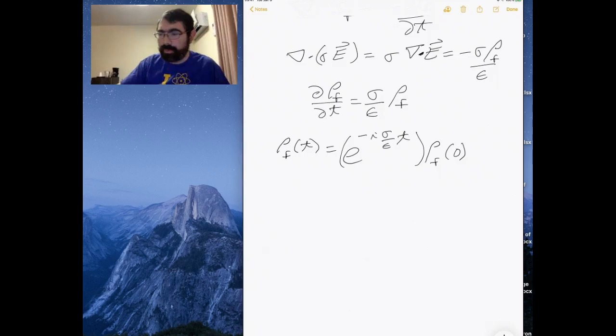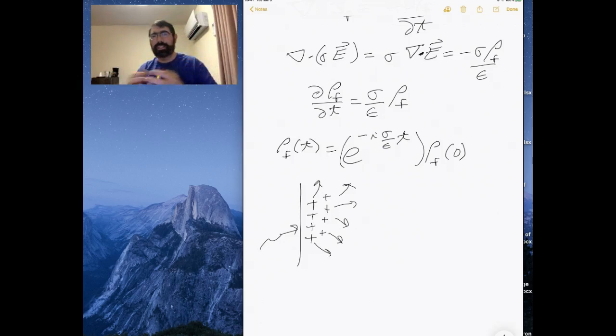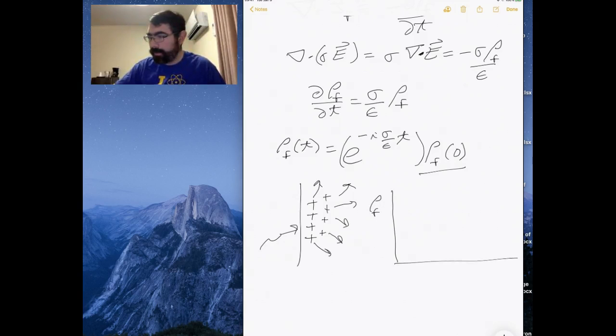So in the end, once we liberate charge inside this medium with our electromagnetic field, we're going to get some charges that accumulate, and then they're going to start moving around and dissipating into the medium. They're going to start combining and neutralizing. So we have some initial amount of charge, and then it's going to dissipate over time exponentially, like this.